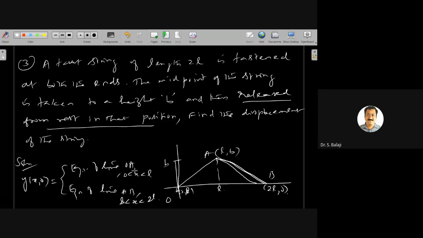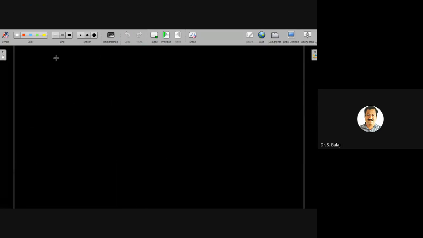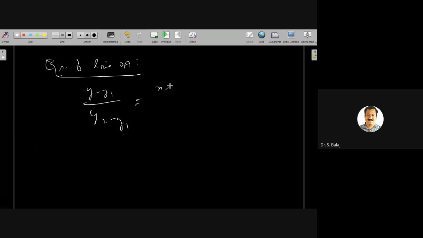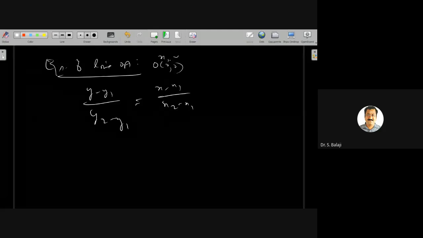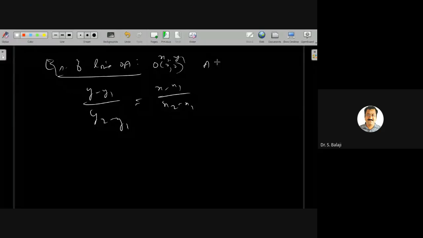Equation of line OA. How can you find the equation of line OA? You can use the line equation: (y minus y1) by (y2 minus y1) equals (x minus x1) by (x2 minus x1). O is (0, 0), that is x1, y1, and A is (L, B), this is x2, y2.